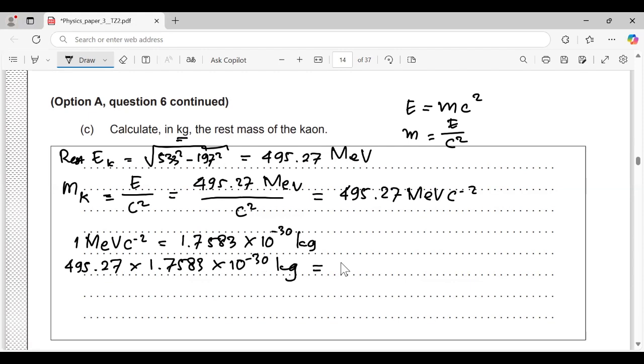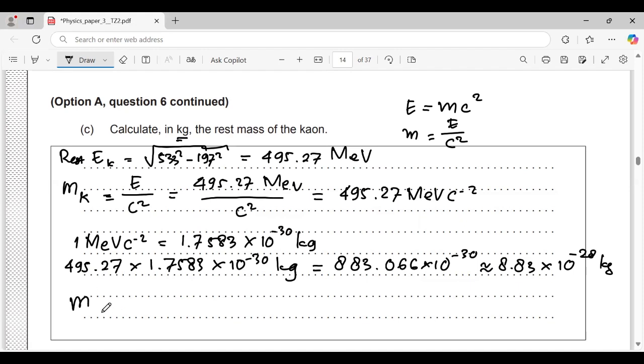If you calculate, the result is 883.066 times 10 power minus 30 kilograms, rounded based on the significant figures, becomes 8.83 times 10 power minus 28 kilograms.